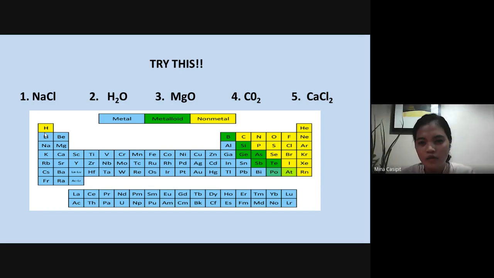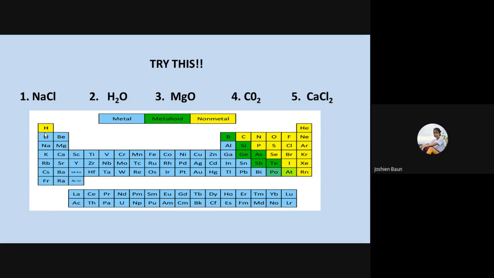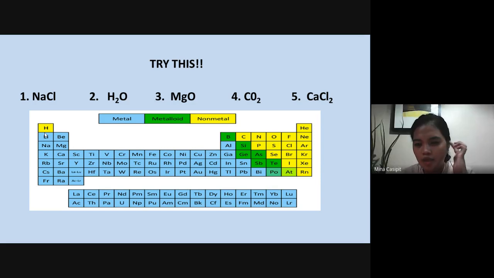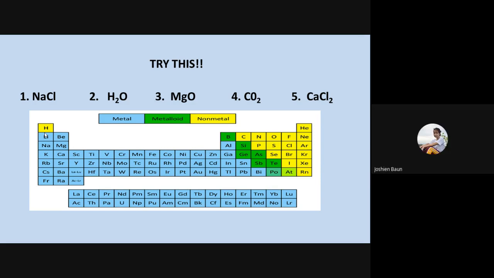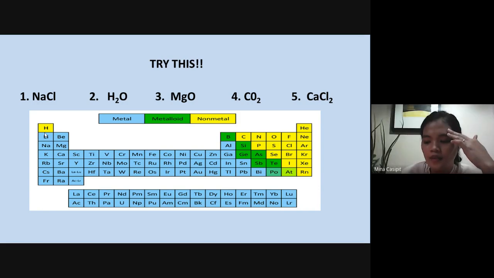And therefore, ionic. And what's the name of the compound? Magnesium oxide. Okay, correct. So Mg is a metal element, and oxygen is a non-metal element. Metal plus non-metal, it will form into ionic compound. Then the name of the compound is magnesium oxide. Correct.